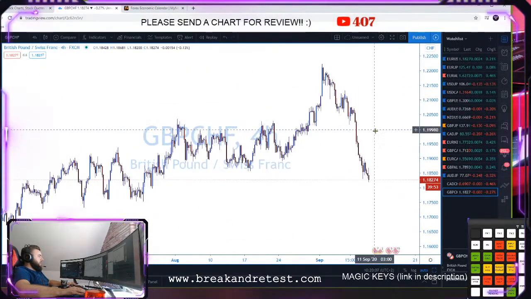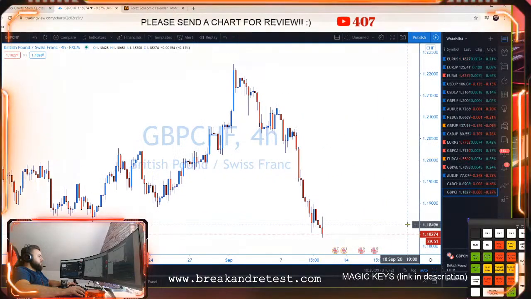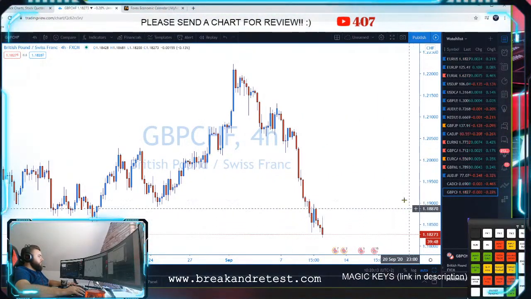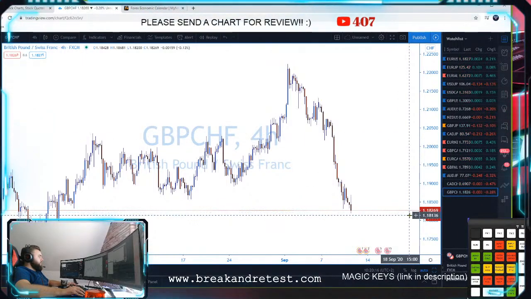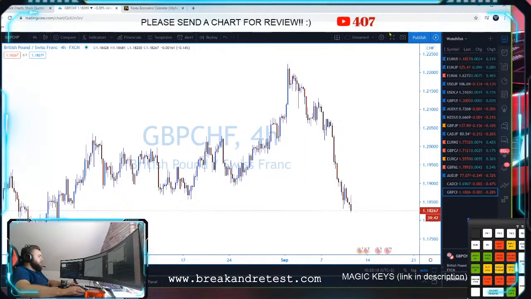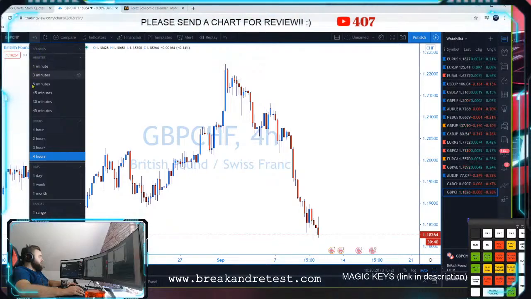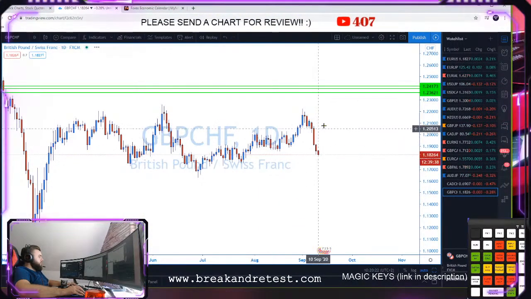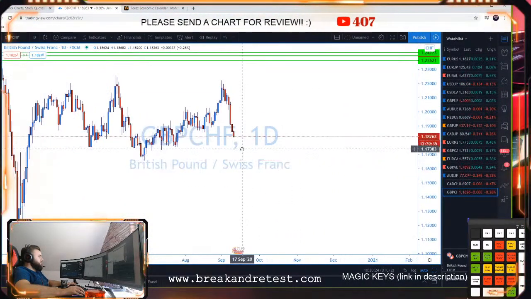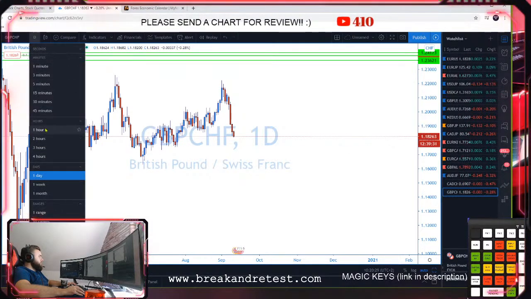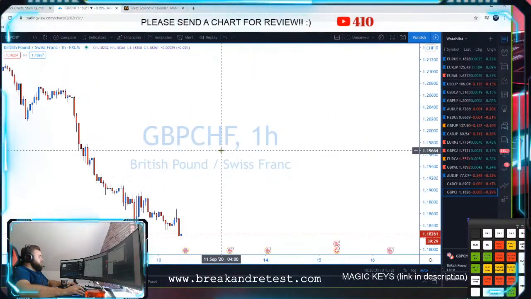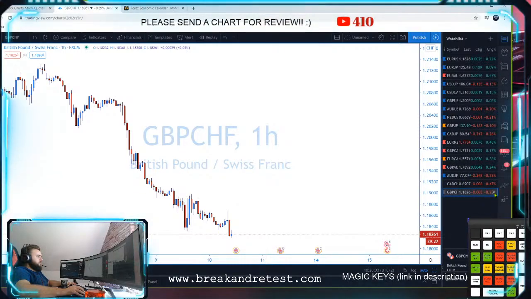It's one of the pairs that caused me most losses before, and I decided to delete it from my list. So I see that you're focused on that small breaker retest, but for me it's not safe to trade GBP CHF.